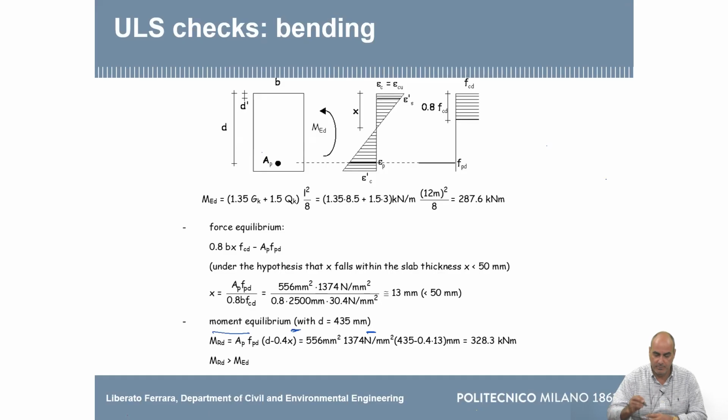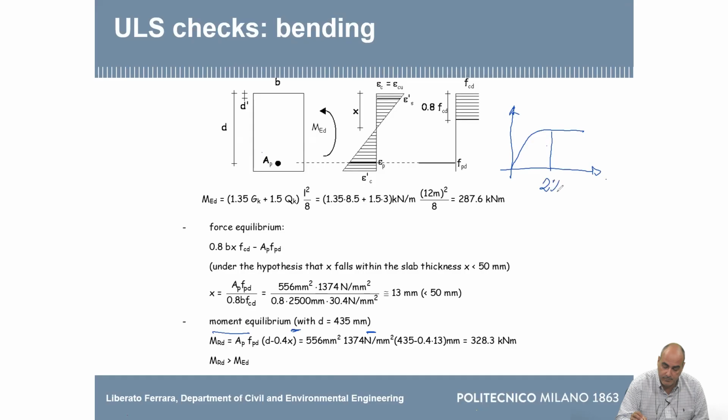Just one thing, by the way, good to point this out. The parabolic stress diagram is made in this way. For concrete, this is 2 per mil, and this is epsilon cu. Now, epsilon cu is not a fixed number.